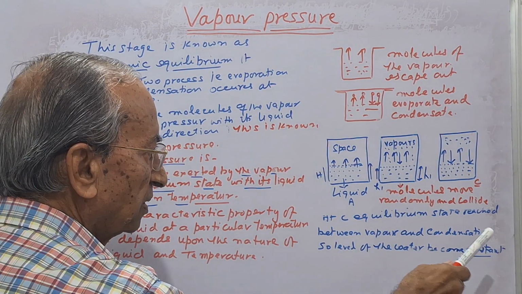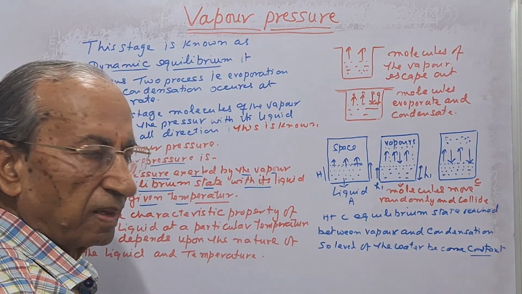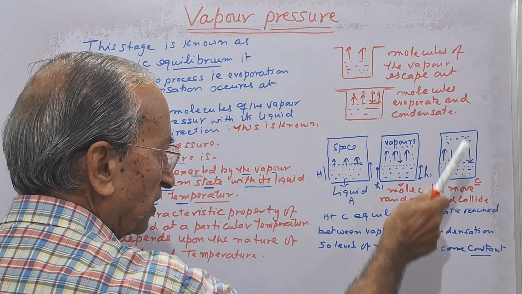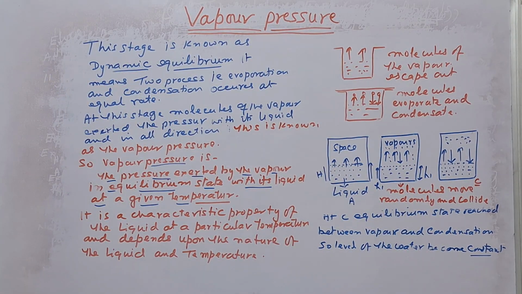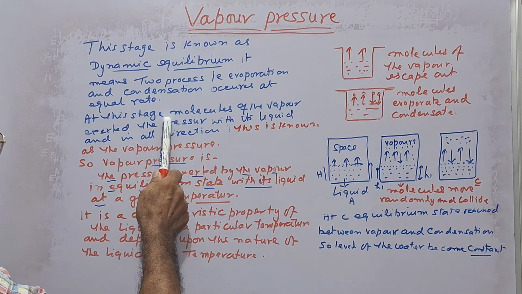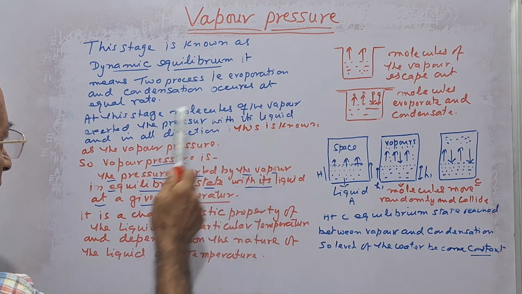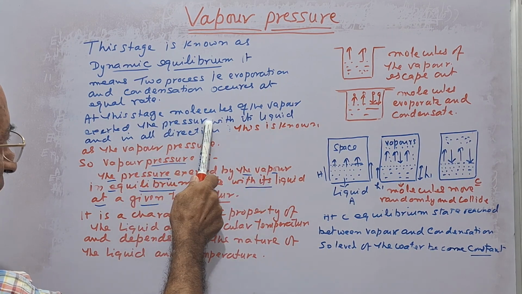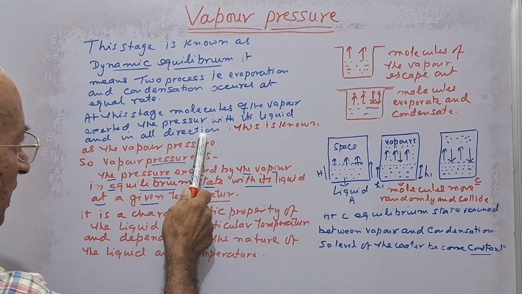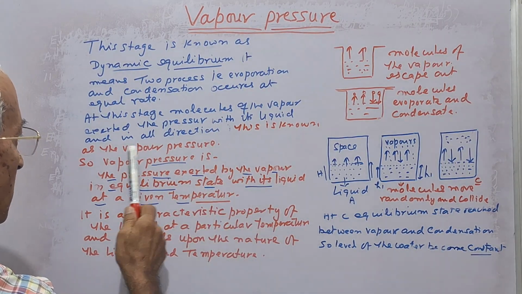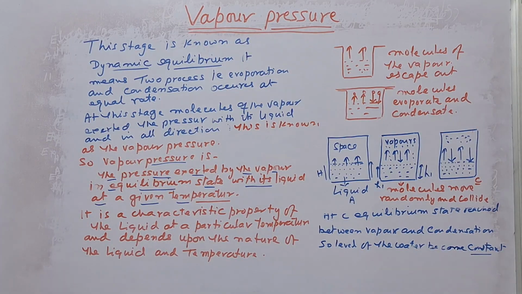It doesn't mean that the process stops, but the rate of evaporation becomes equal to the rate of condensation. At this stage, molecules of vapor exert pressure on the liquid and in all directions. This is known as the vapor pressure.